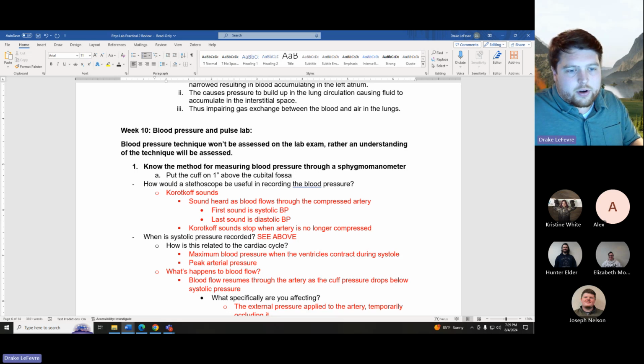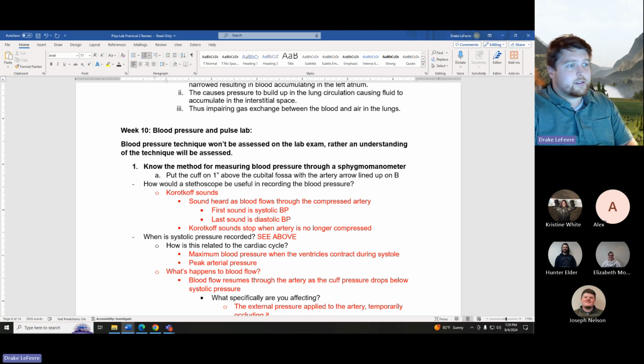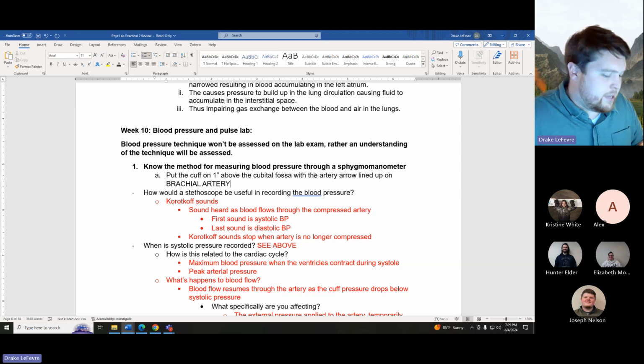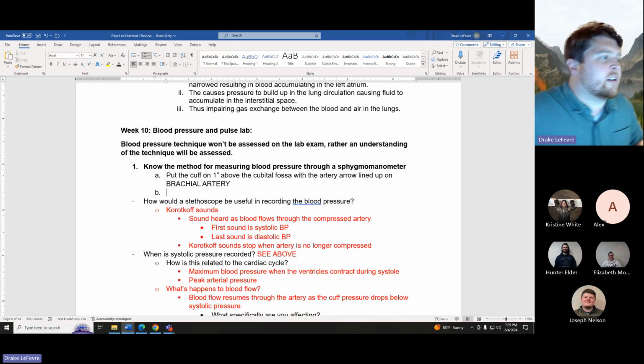What's the front of your elbow called? Cubital fossa. Yeah. With the artery arrow lined up on which artery? The brachial artery. The number of people who get confused with the radial artery is a lot.